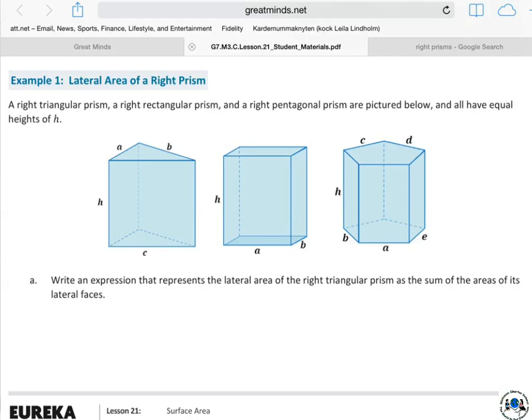As you see, we are not using a number value for our dimensions, but we are actually using letters and variables, because we're all about algebra, and we need to get to our variables at some point or another. So all of them have equal heights of h, and we are going to use that information to answer some questions.